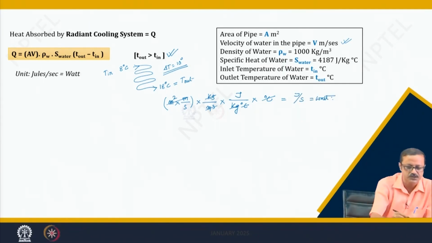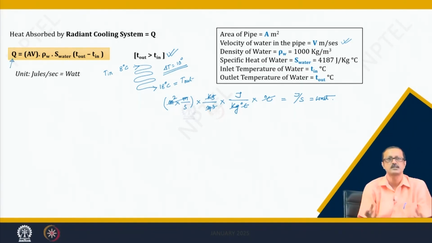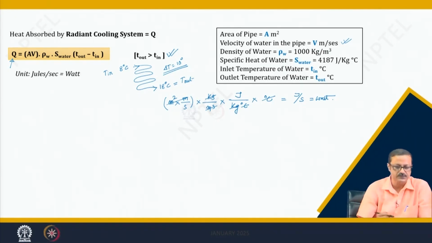So, this is the total heat gain because the chilled water is passing through and there is a temperature difference.